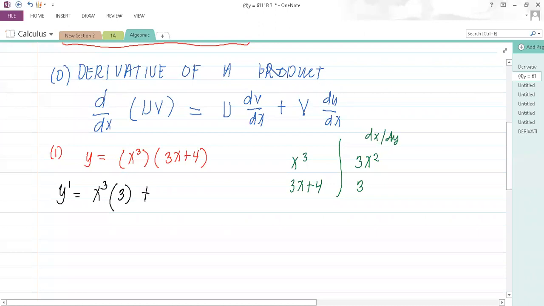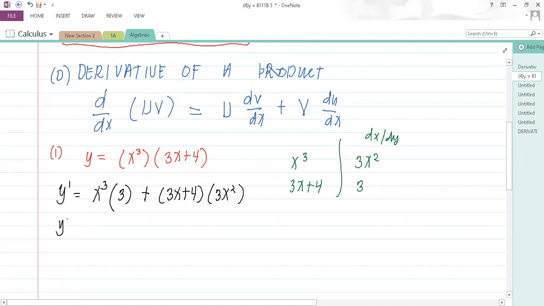Okay, so you have to add the second function. The second function, you just copy the 3x plus 4. Multiply it by the derivative of the first function. What is our first function? x raised to 3. What is the derivative of x raised to 3? That is 3x squared.